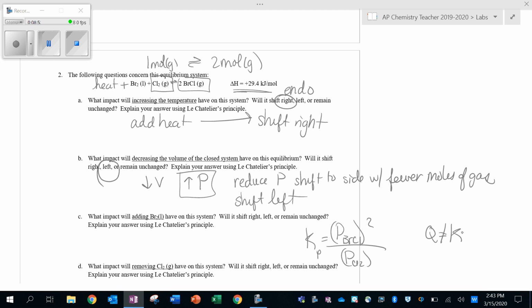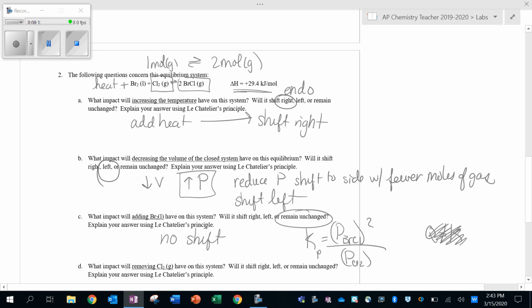But liquid bromine is not part of my K expression. So adding liquid bromine does not affect my Q value. That means that if I add liquid bromine, I'm still at equilibrium, so there's going to be no shift here.